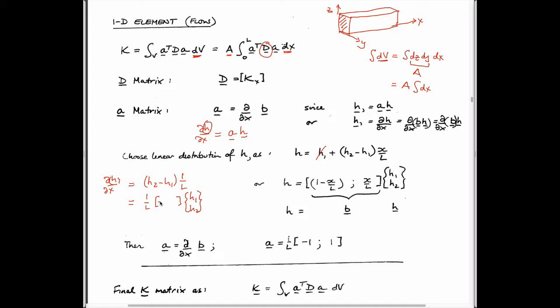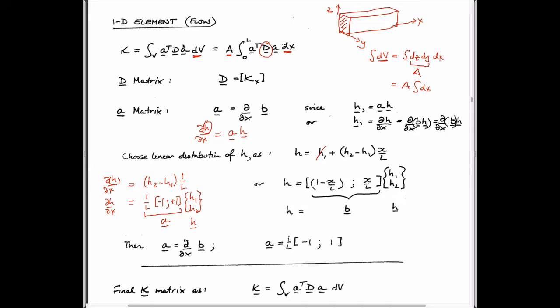This would be minus 1 and this would be plus 1. So this is the derivative of this expression here. It's equal to this. If we just rearrange this in a way that's useful for us, then this is the change in head with location is equal to this, and then this is our nodal value of heads, and this by definition is our A matrix.